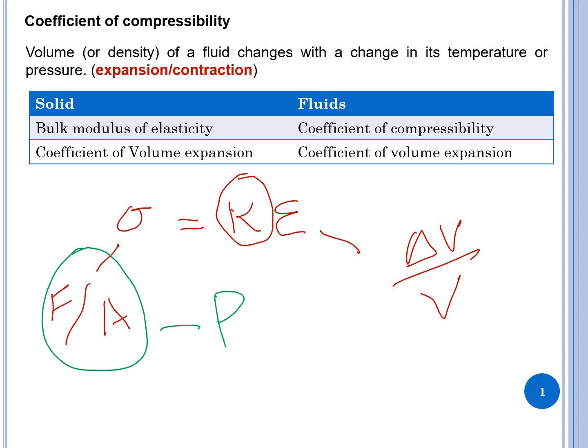So we need to find a coefficient of compressibility that can relate pressure and volume.